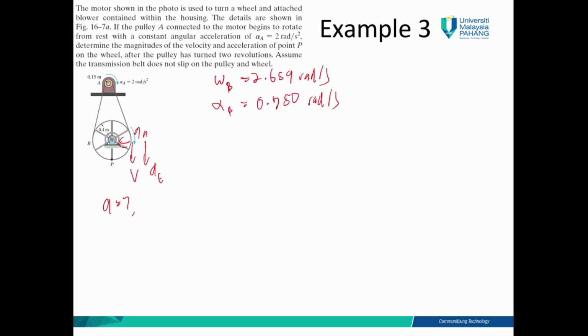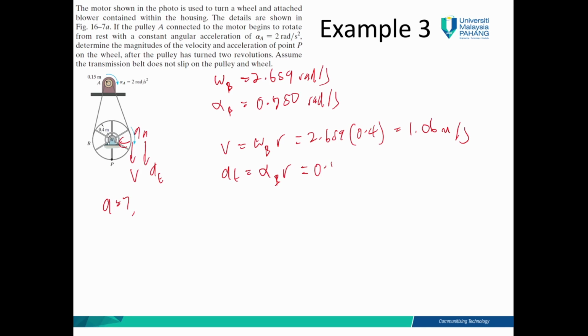So based on our formula, we know that velocity is always tangential, V is equal to omega B times the radius. So we already know 2.659 times the radius 0.4. You should get 1.06 meter per second. Well, what about at? at is angular acceleration at B times the radius.